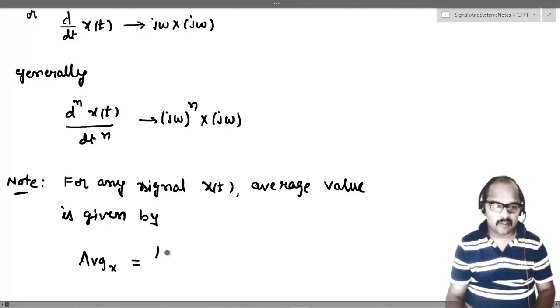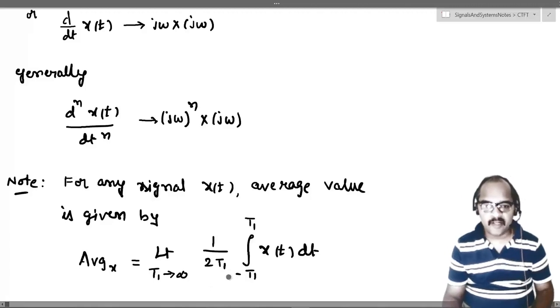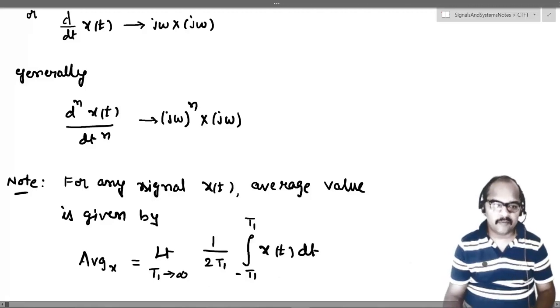That should be equal to limit t1 tends to infinity, 1 by 2 t1 integral minus t1 to plus t1 x of t dt. This is how we define the average value of a signal.